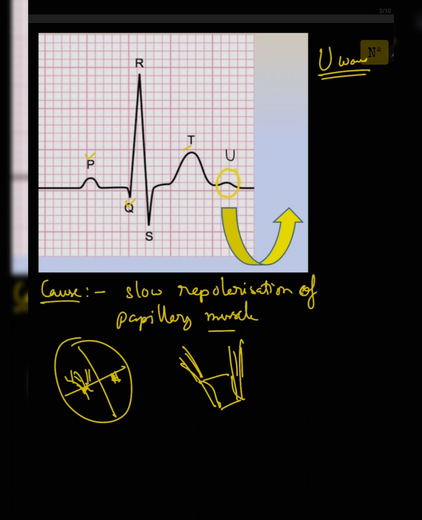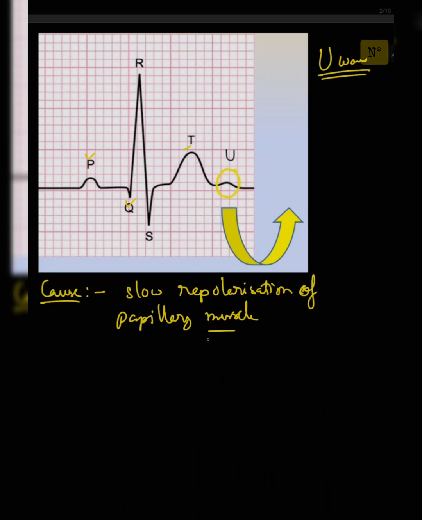Those are called the papillary muscles. Now these are helping it to remain in a flexible state. So flexibly firm, it is remaining in a normal anatomic position with the help of the papillary muscle.